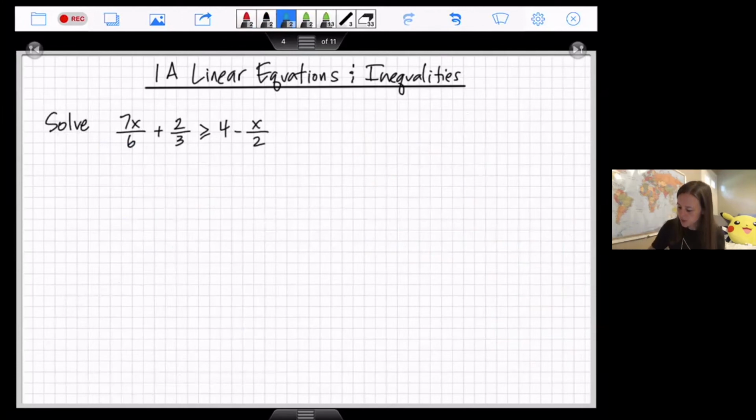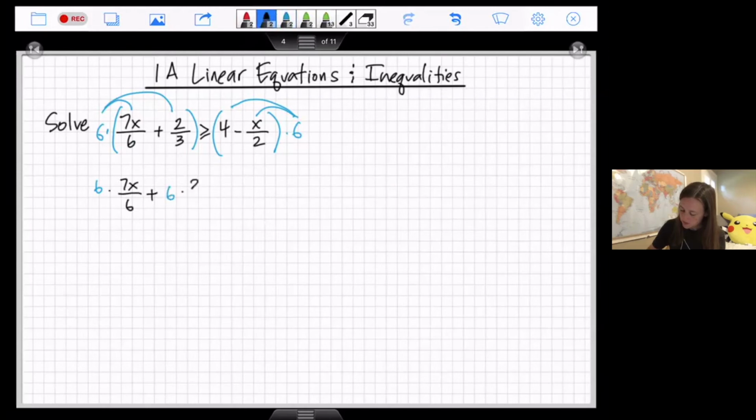So I'm going to multiply both sides of this inequality by 6. I'm going to distribute the 6 to both terms on both sides. So I'm going to get 6 times 7x over 6 plus 6 times 2/3 greater than or equal to 6 times 4, which we'll just multiply, that's 24, minus 6 times x over 2.